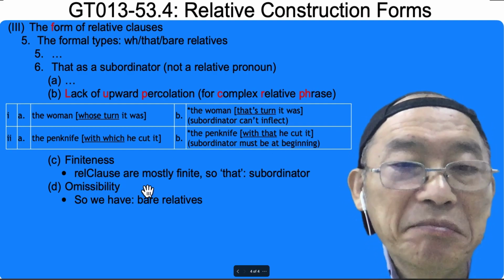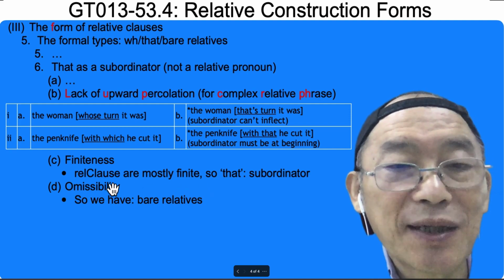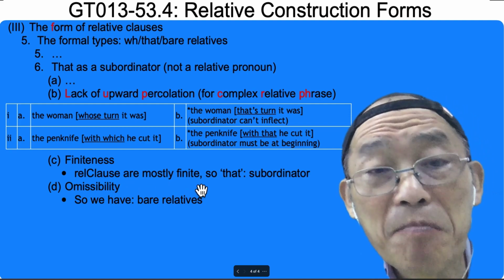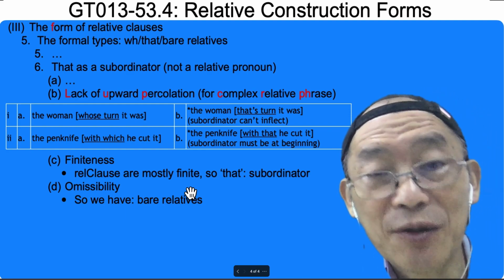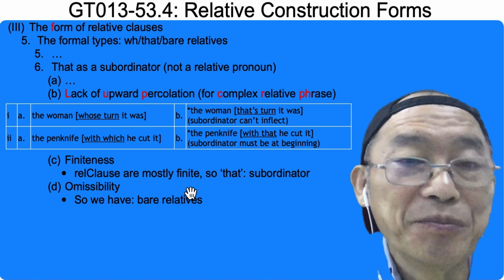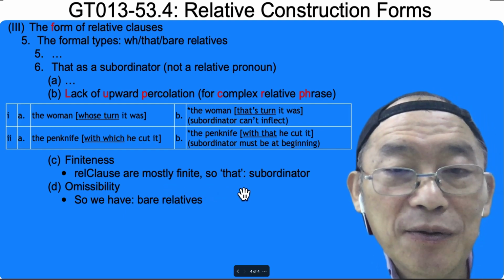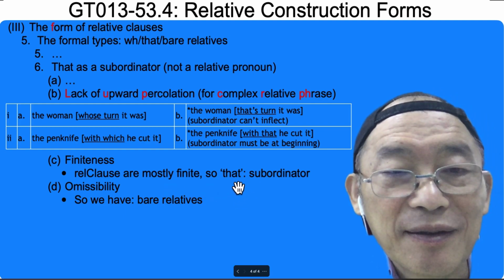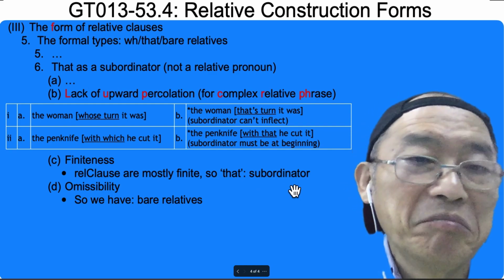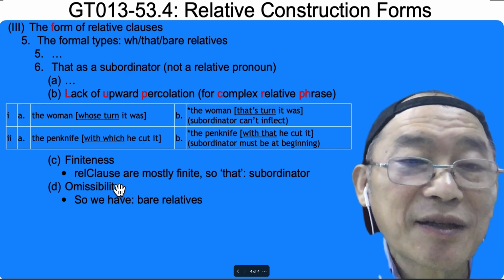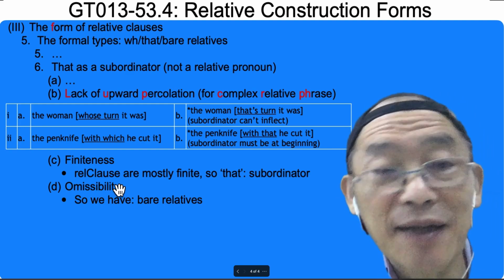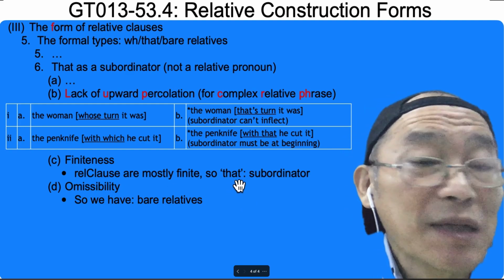Finiteness: mostly, because relative clauses are mostly finite. A few of them could be non-finite, that is, to-infinitive, but very few. So that is a subordinator, because the relative clause itself is the head, and this word is not the head.